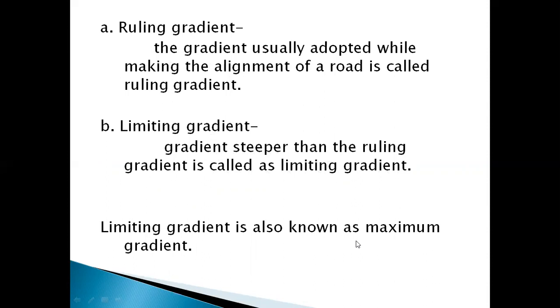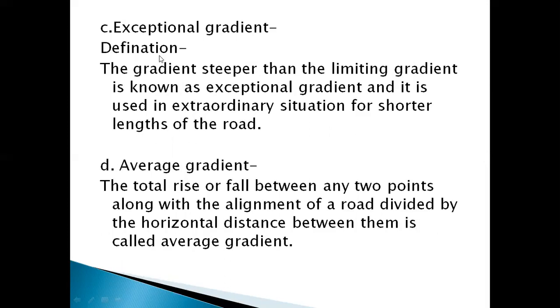The limiting gradient is also known as the maximum gradient. After that, next is exceptional gradient. The gradient which can be steeper than limiting gradient is exceptional gradient, and it is provided on a shorter length of road.